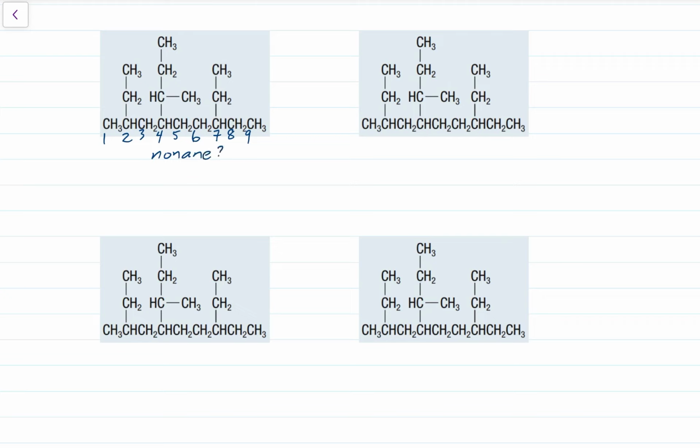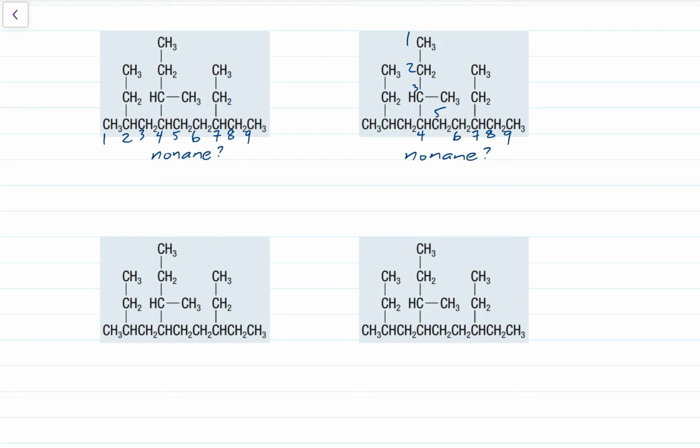But I'm going to slap a question mark on that, because maybe I could start from way up here. 1, 2, 3, 4, 5, 6, 7, 8, 9. That's also nonane. Let's slap a question mark on that one.